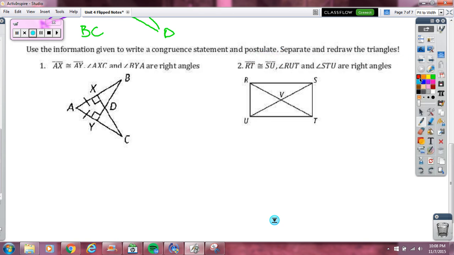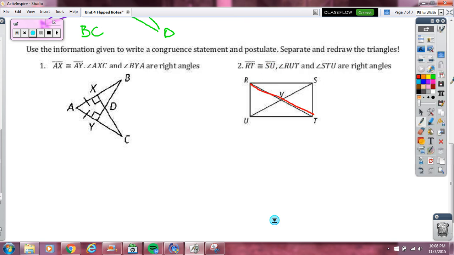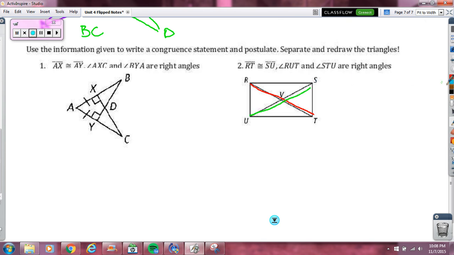I'm going to do number 2 and then let you try number 1. I've got RT and SU the same for both of them.